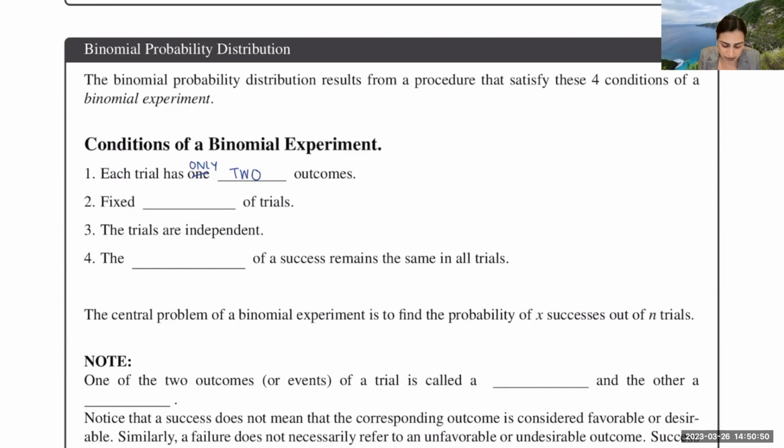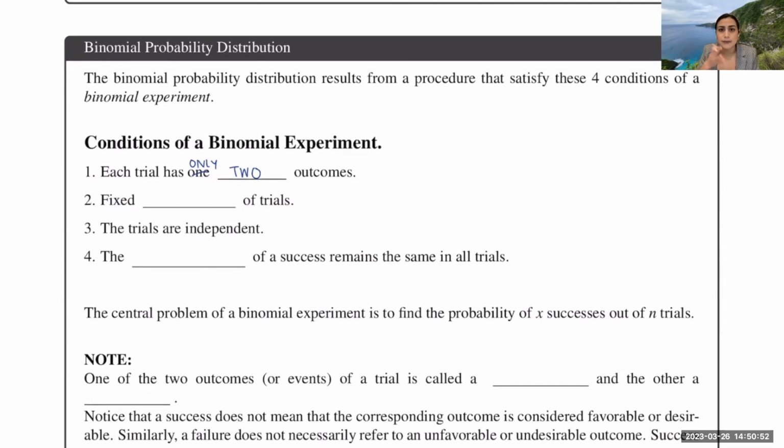The other condition is that there's a fixed number of trials. For example, when we flip a coin, maybe we say, after flipping 5 coins, what's the probability that we get 3 tails? But there has to be a stopping point. We have to know how many times we're going to do this. The other condition is that the trials are independent.